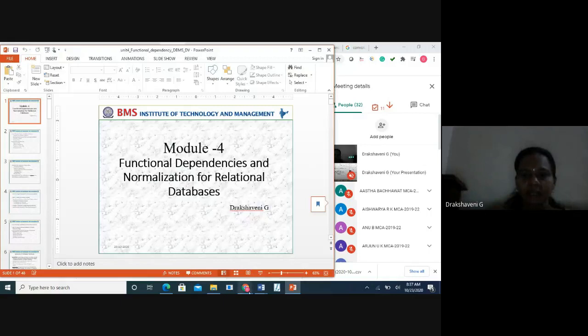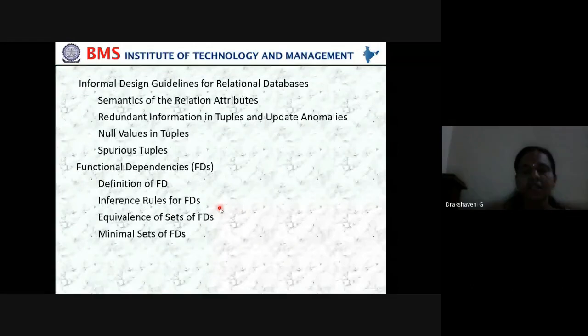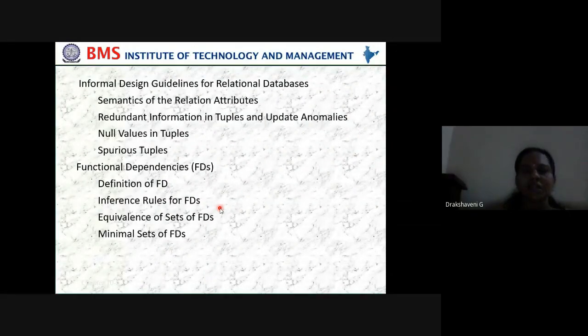In the last class, we started with the fourth module, that is functional dependencies and normalization for the relational database. We saw the informal design guidelines for the relational database, and we started with functional dependency. The informal guidelines were the semantics of the relation.